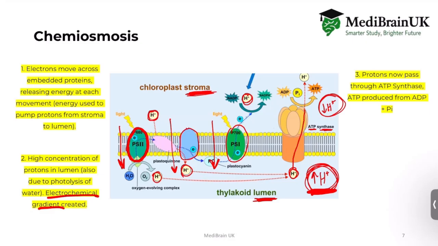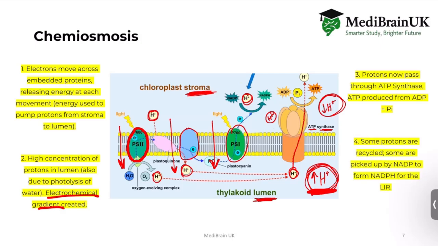Once hydrogen ions have passed through, they come to this side. When the hydrogen ions have reached the other side, some of them are recycled. So they go back through the whole process once again. They move across, pass through, and it occurs in a cycle. So some of those protons are recycled.